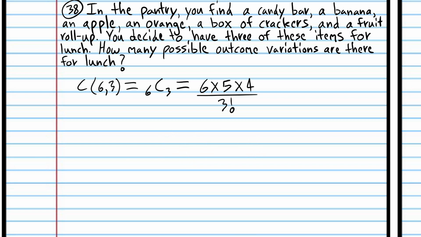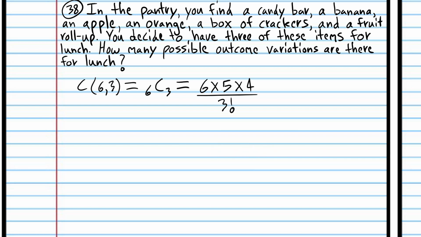So, go to our calculator, and we'll enter 6, and then the math button, right arrow key to PRB, down arrow key to NCR, and then enter 3, and then press enter. So what you should see in your calculator is 6 NCR 3.